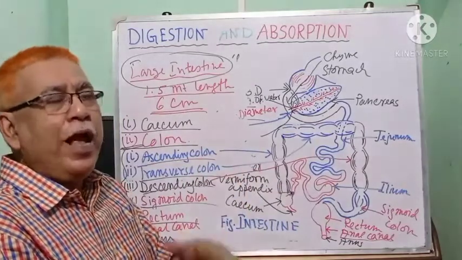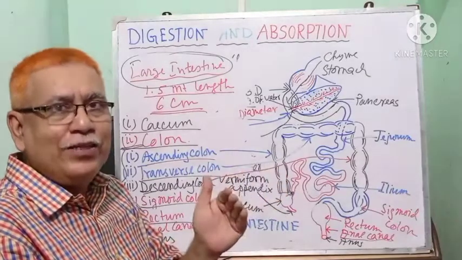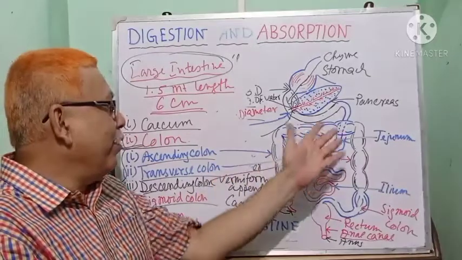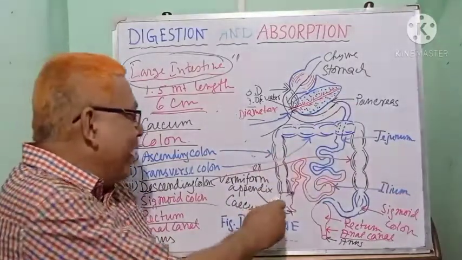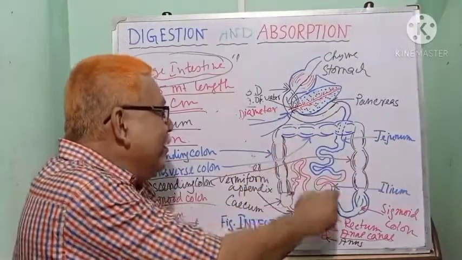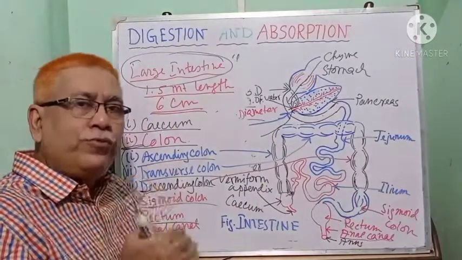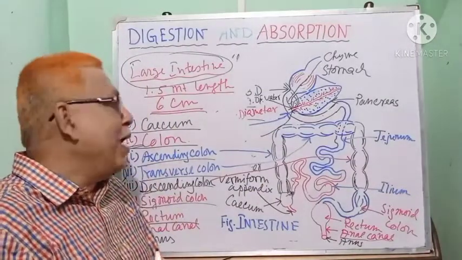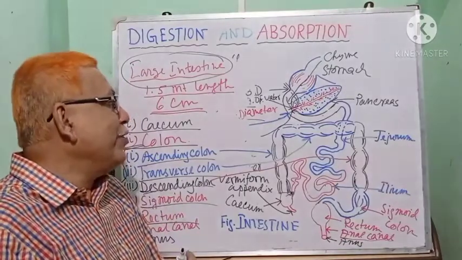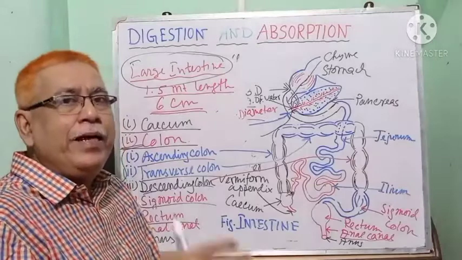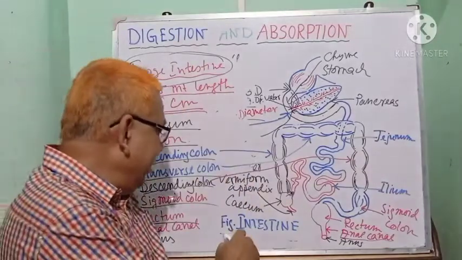Absorption of glucose, amino acid, fatty acid and glycerol takes place from small intestine. And what is the function of large intestine? Mainly absorption of water takes place here, and stool is formed, and large intestine helps to eliminate stool. So this is all about intestine.